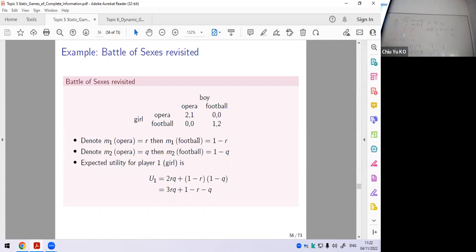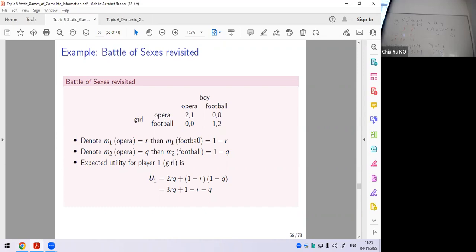So this is a shortcut. If you know that he's going to randomize over these two, you can use this shortcut. If you don't know, this shortcut is not good, because if you do this shortcut, you will omit the corner solutions.